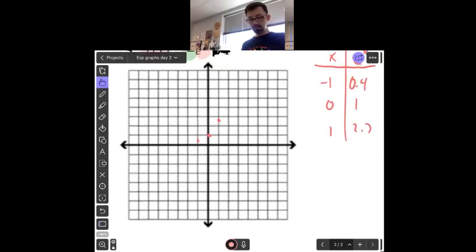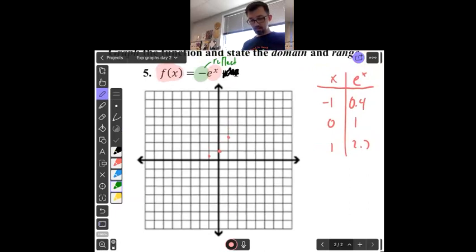What's that look like? I'm 2.7 here, and go 2.7 below. I'm 1 here, I go 1 below. I'm 0.4 here, I go 0.4 below.